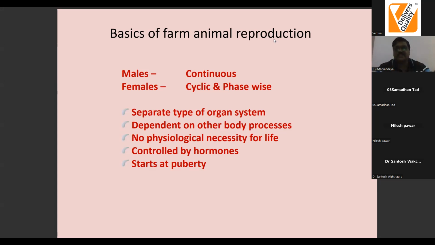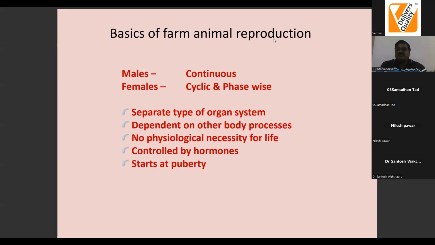It's not required for survival of life, but it is essential because it is related to reproduction, as production. Unless there is production, we cannot maintain the animals. In that manner it is required, but as far as physiology of life is considered, this is not at all required.